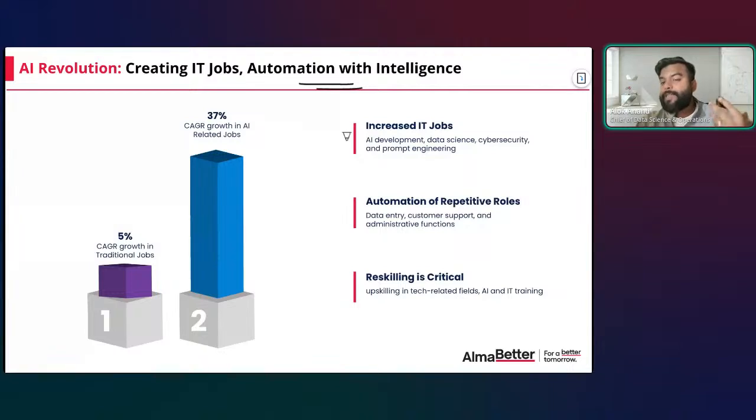So that's why we see an overall increase in IT jobs, whether that is AI development, data science, cyber security, or prompt engineering. These are the other jobs which I'm talking about. Compared to that, you have the developer role always increasing, because you have to be there as a developer to make it accessible to users. Automation of repetitive jobs is something that is happening right now.